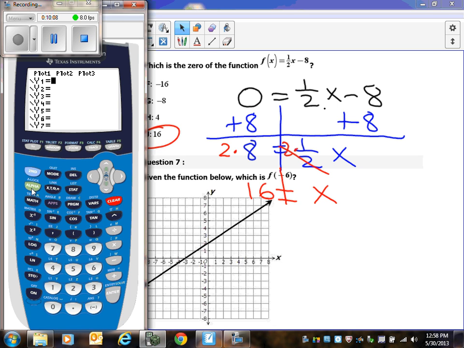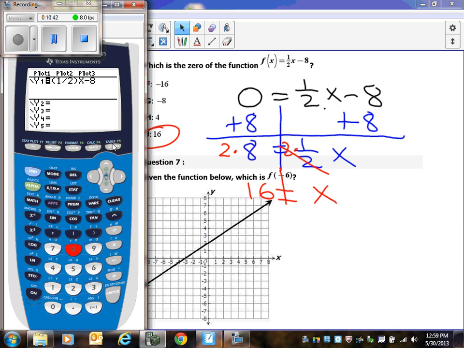Depending on which calculator you have, you may be able to type in your 1/2 by doing alpha y equals and typing in your 1/2 like this, and then arrow out. Or, if you do not have the calculator that does this, which is typically the yellows, just type in your fraction like normal. So just 1 divided by 2, x, minus 8.